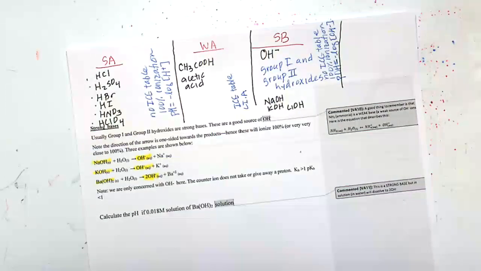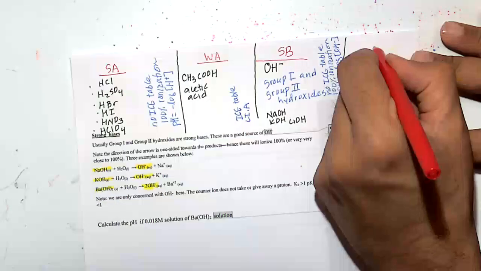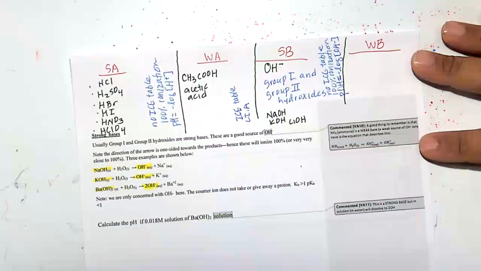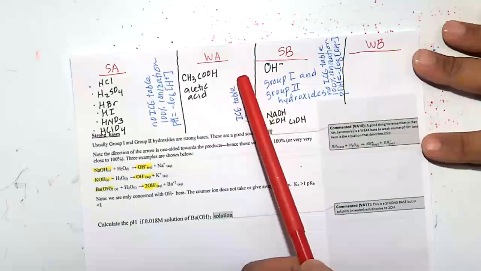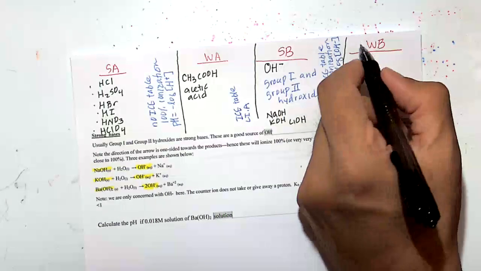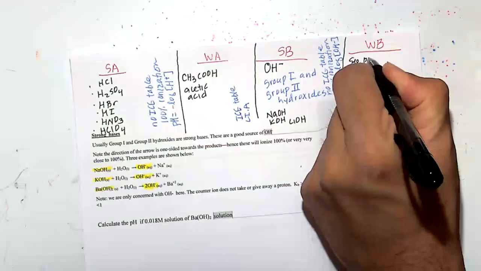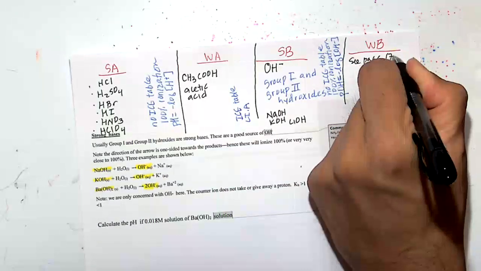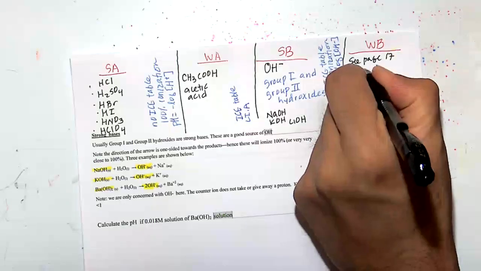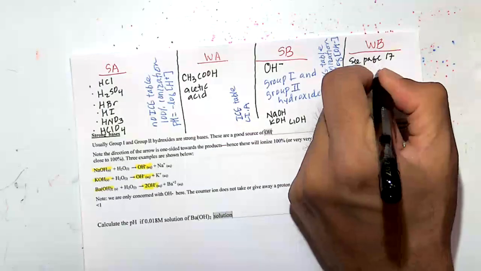And then finally we have the weak bases. Anything that's not OH minus is a weak base. As some examples, you can see page 17 of our notes. Another classic, very stereotypical example is ammonia.